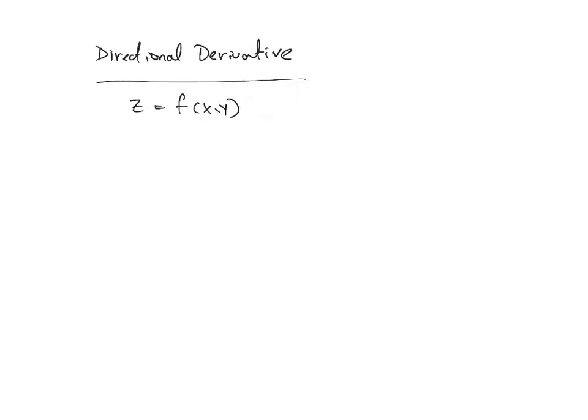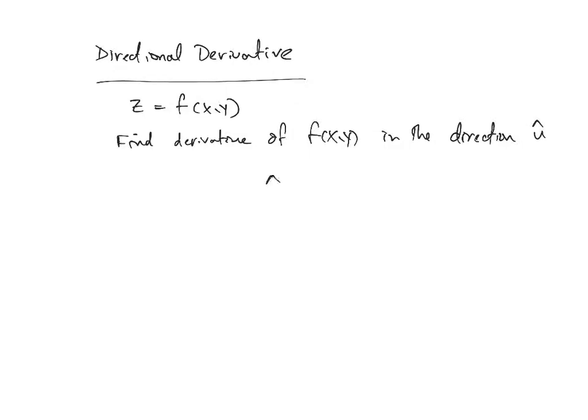And we said we can find the derivative of this thing in the direction of some unit vector we're going to call u hat. And u hat can point in any direction in three-dimensional space. And the directional derivative will tell us if we move a small amount in the direction of u hat, how much does our function change, and how quickly does it change, actually, right?